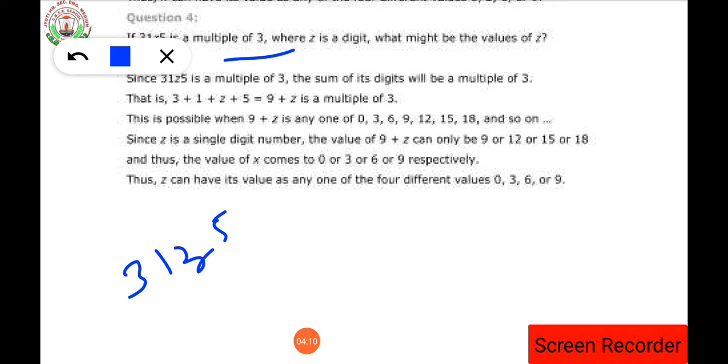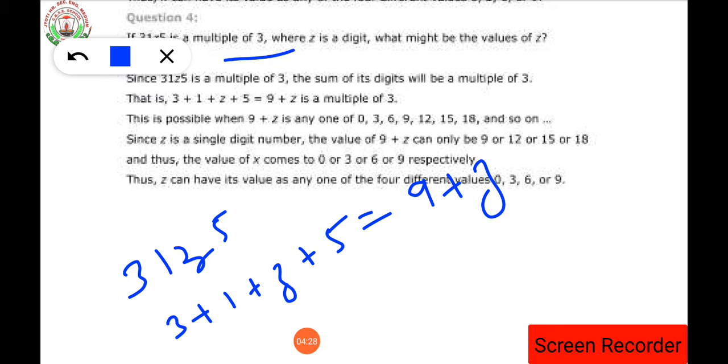It should obey the divisibility rule of 3. What is the divisibility rule of 3? The sum of all the digits is a multiple of 3. That means 3 plus 1 plus z plus 5. When we add this, how much do we get? 5 plus 3 is 8, 8 plus 1 is 9. So 9 plus z is a multiple of 3.